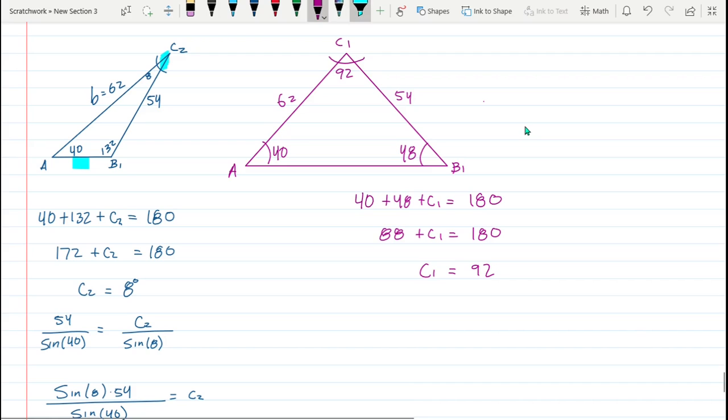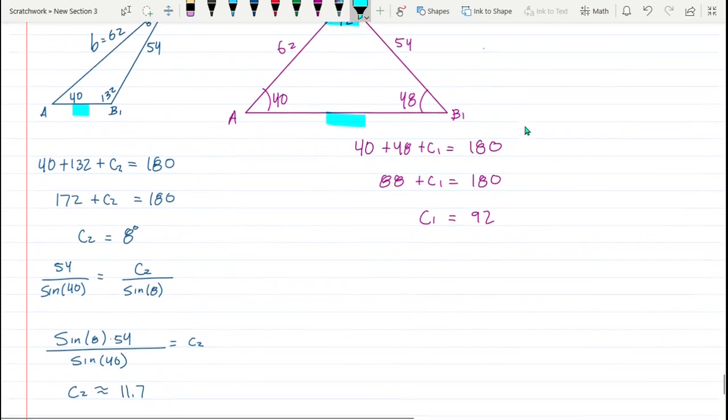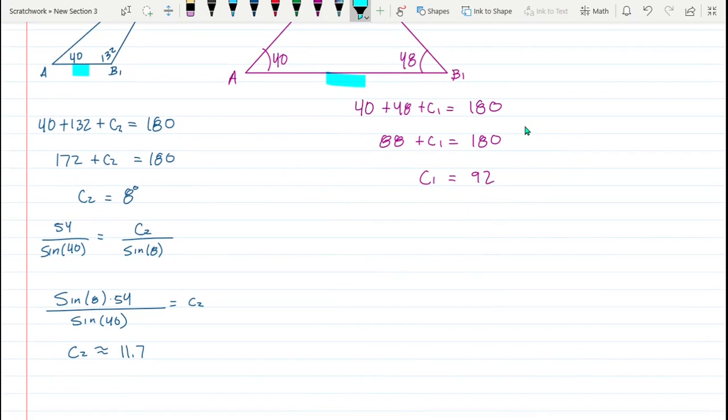That was one thing we were missing, but we're also missing its opposite side length. So we use the same ratio of 54 over sine of 40, and we're looking for length C1, and we use sine of 92 multiplied to the other side.